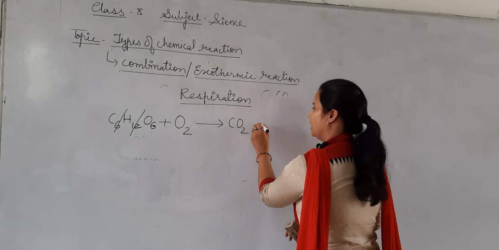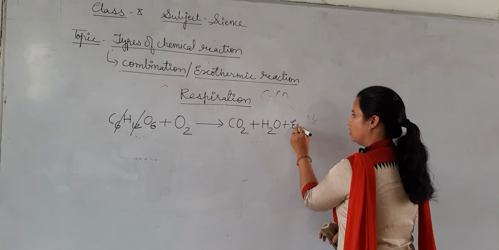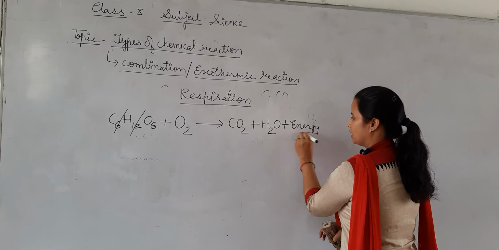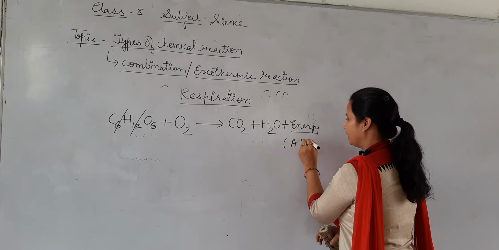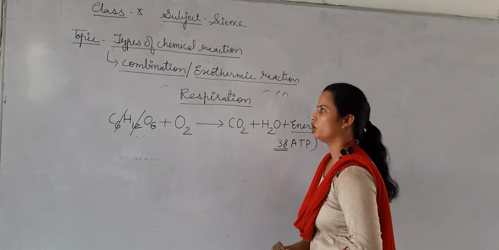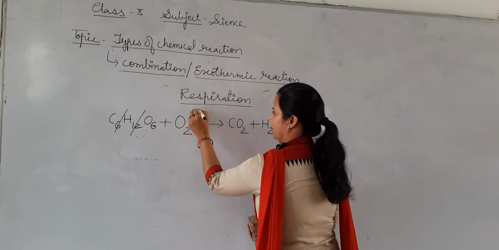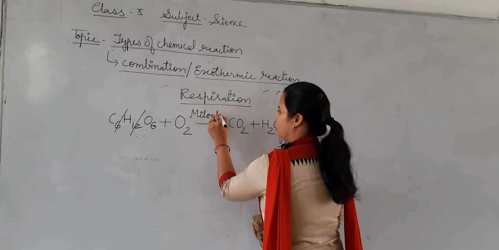CO2, H2O, and it gives a lot of energy in the form of ATP, 38 ATP molecules we obtain during the respiration process. This process is generally held in mitochondria.